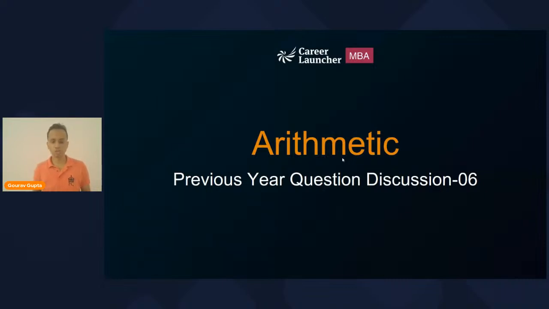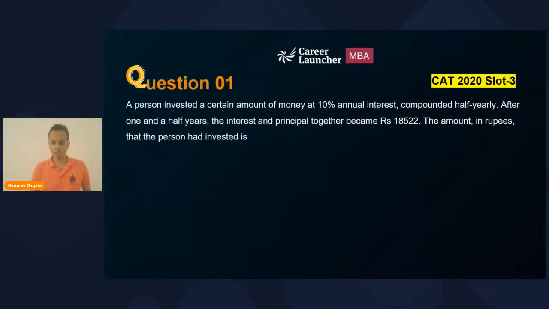So let's continue with our discussion on the previous year paper questions of simple interest and compound interest. This is the first question for the day, from CAT 2020, slot number 3. The question is slightly calculative. It says that a person invested a certain amount of money at 10% annual interest, compounded half yearly.